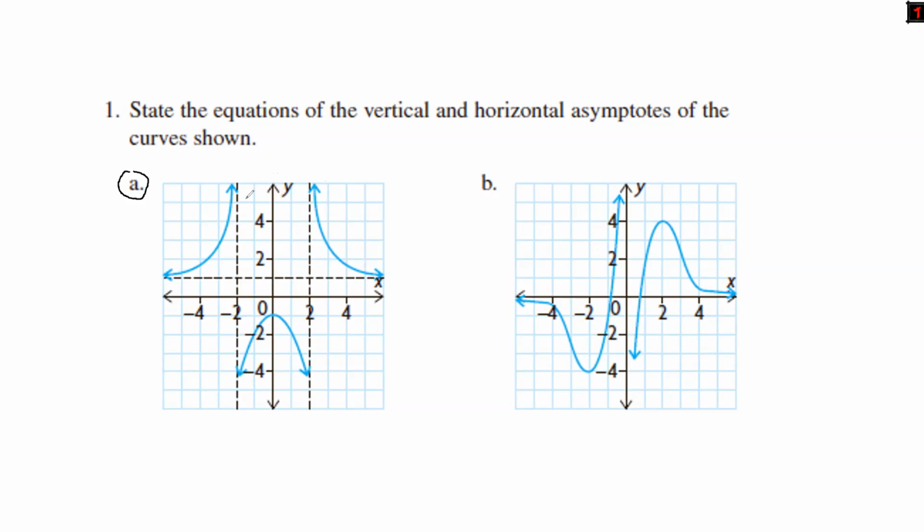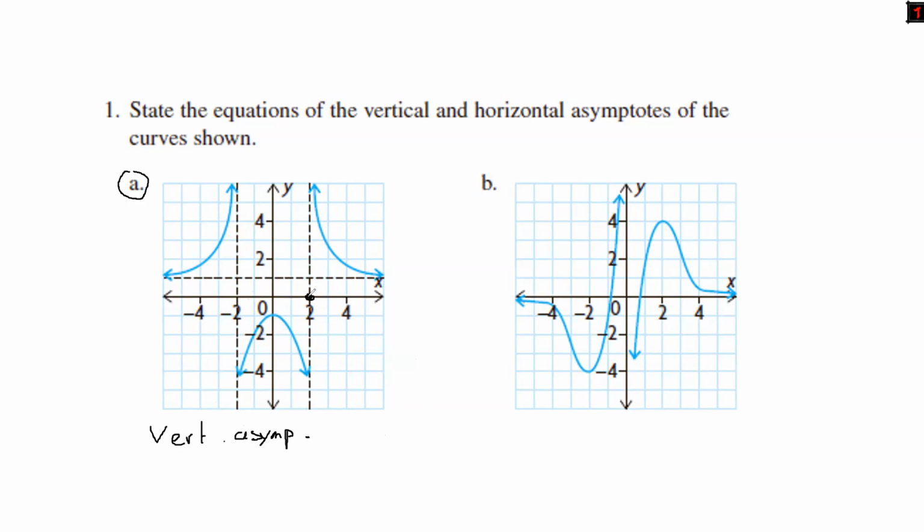But in order to, for example, tell the next person who's going to read this graph after you what vertical or horizontal asymptotes you have, you have to state their equations. And in this case, for example, vertical asymptotes are going to be located at 2 values of x, right?